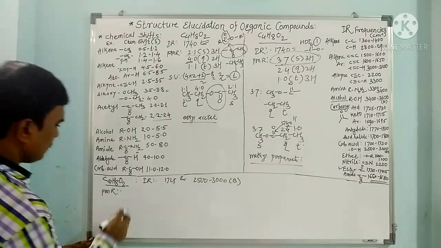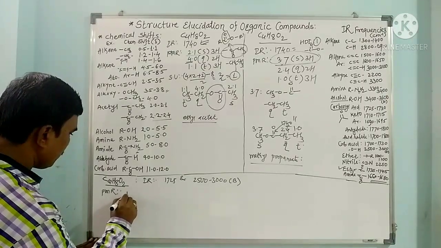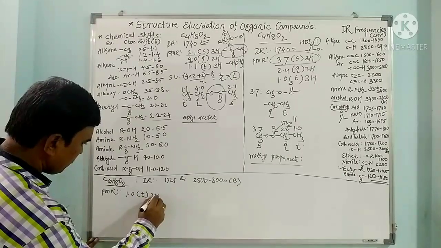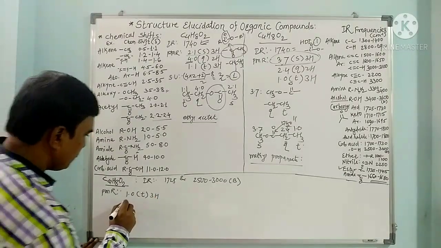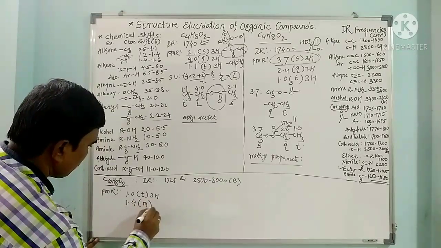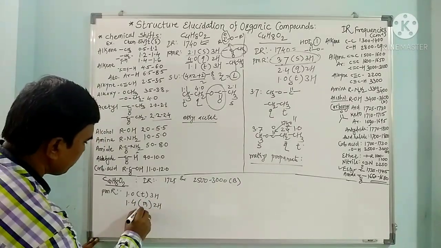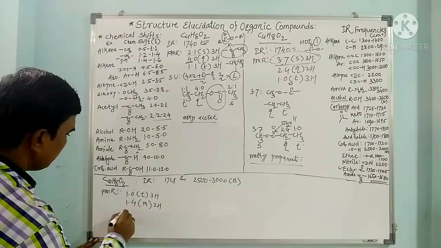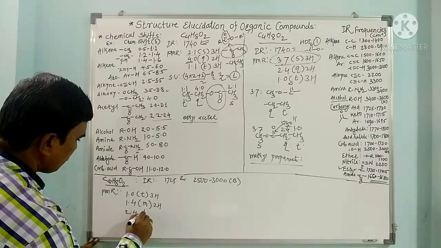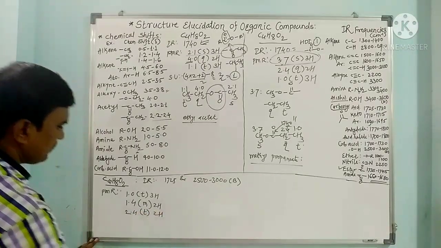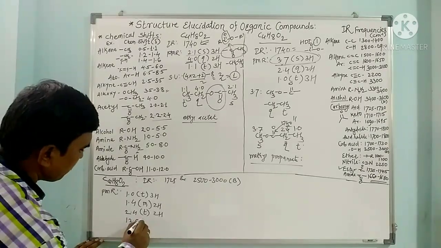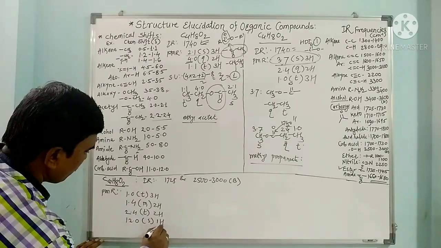One is at 1.0, a triplet given by 3 hydrogens; at 1.4, a multiplet given by 2 hydrogens, or hextet; at 2.4, a triplet given by 2 hydrogens; and at 12.0, a highly deshielded singlet given by 1 hydrogen.